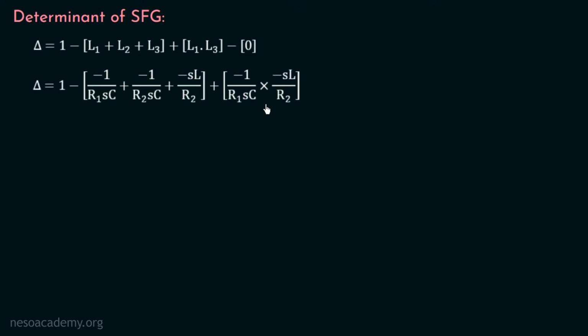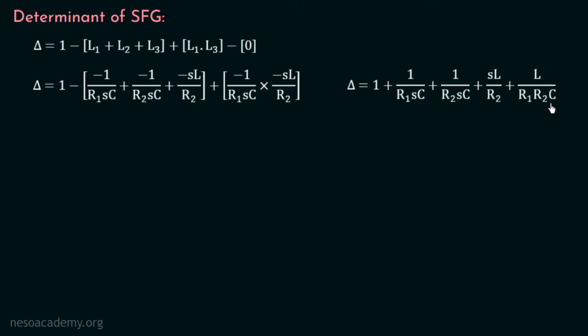In this term, we can see that this S in the numerator and this S in the denominator will get cancelled. Moreover, if we take minus sign as common from these 3 terms, we will have delta equal to 1 plus 1 over R1 SC plus 1 over R2 SC plus SL over R2 plus L over R1 R2C.